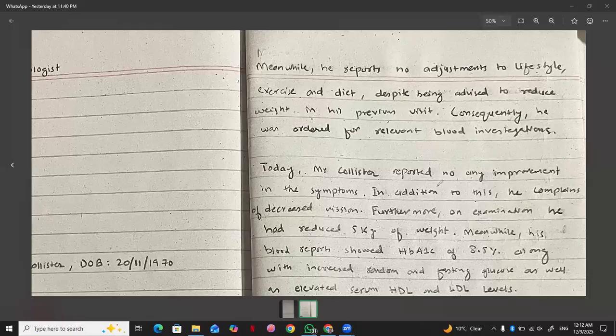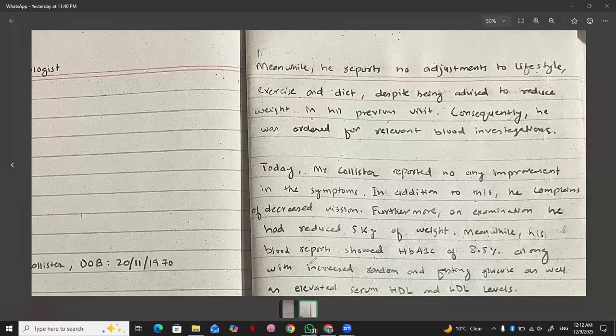Today, Mr. Collister reported no improvement in the symptoms. In addition to this, he complains of decreased vision. Furthermore, on examination, he had reduced 5 kilogram of weight.